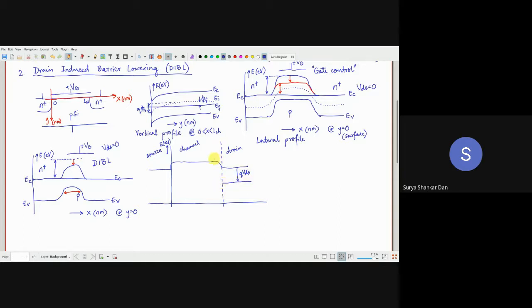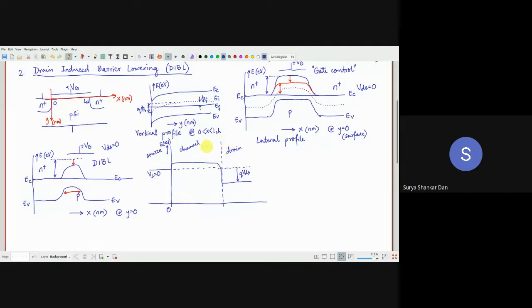Okay. And instead of the first layer, I will draw it like this. Understand what is happening here. So this is your VS equal to 0. This is QVDS. Okay. So now if we want to shift the drain closer to the source, what will happen?